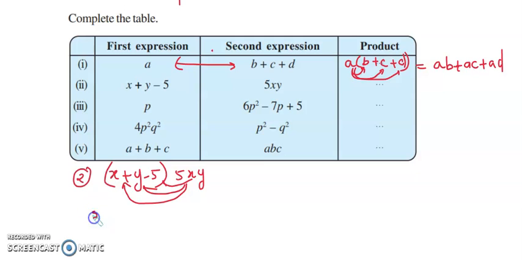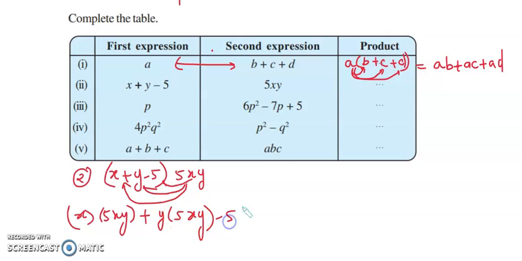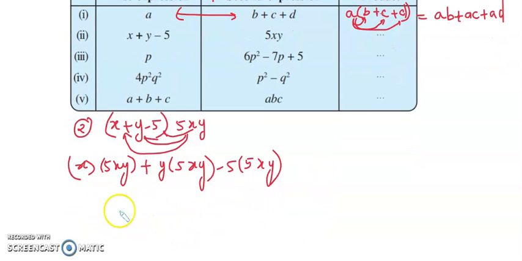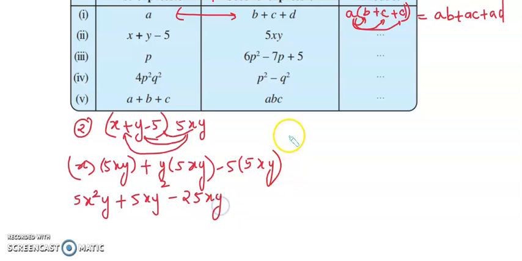So you will get x times 5xy plus y times 5xy, and minus 5 times 5xy. Correct? So what answer you will get? Yes, it's 5x square y plus 5xy square minus 25xy. Right?